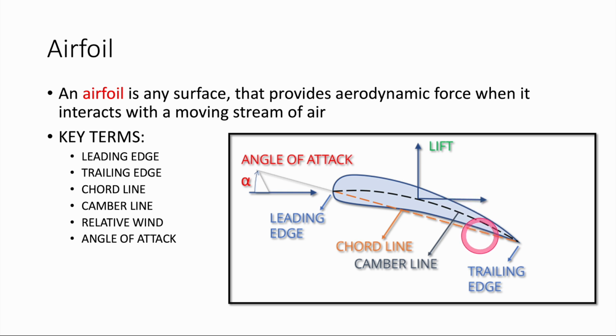So if you were to take that chord line and extend it beyond the leading edge of the wing, and compare that to the airflow that's impacting the wing, which is called relative wind, it makes an angle. So the angle between the chord line and this relative wind creates something called angle of attack.